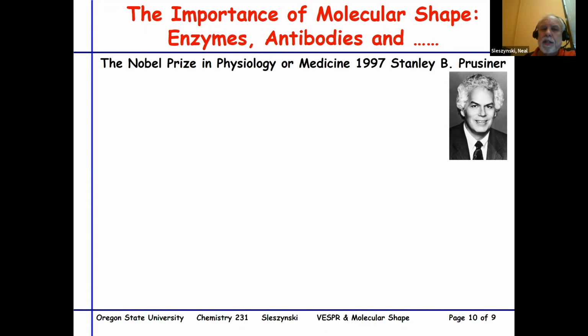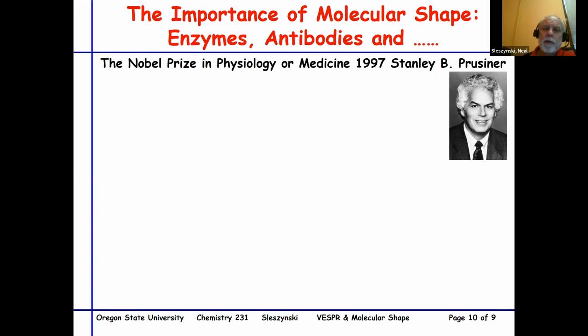In terms of diseases, the Nobel Prize in Physiology in 1997 went to Dr. Stanley Prusiner, who discovered or pretty much invented the concept of diseases which are caused by molecular shape.